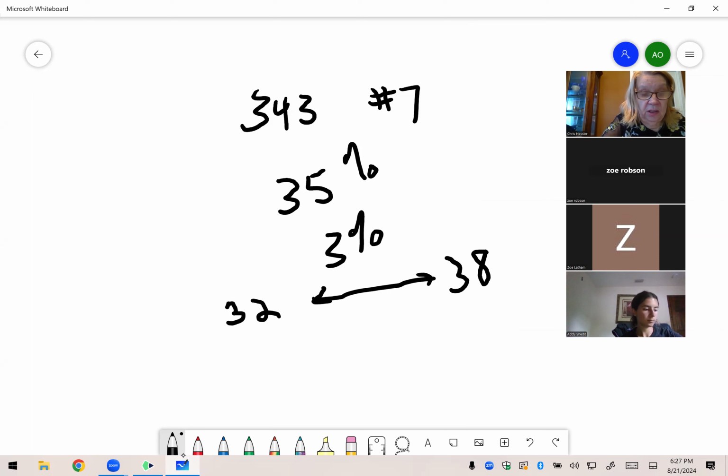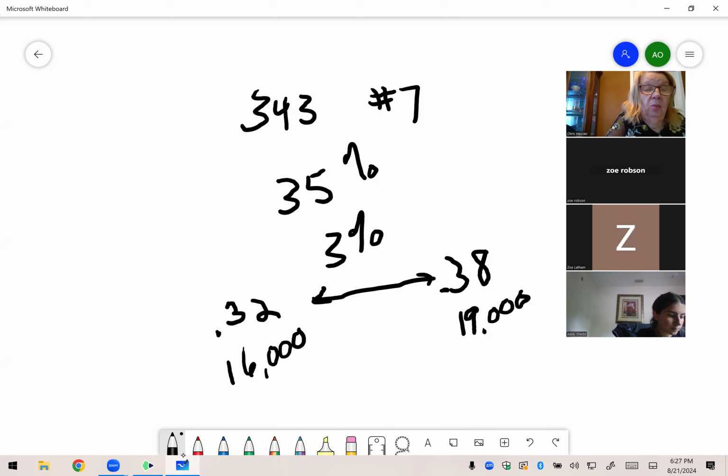And so we would just take that and multiply those two numbers, drop the percent. The lower one was 16,000, and then the upper one is 19,000. And so the answer would be C.